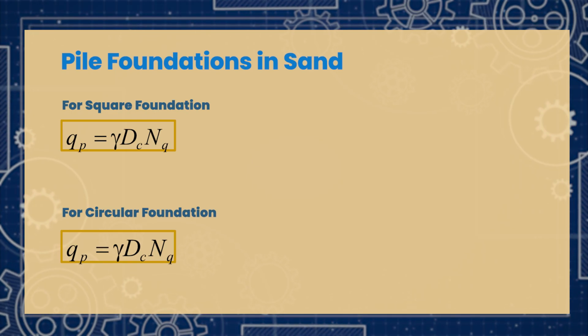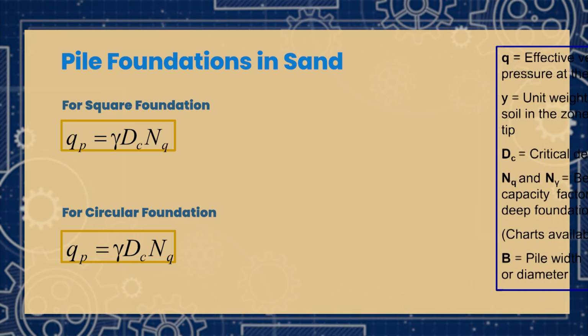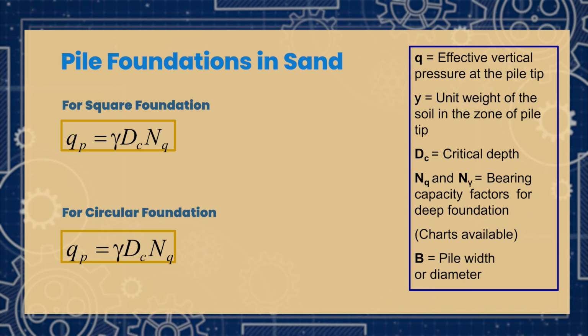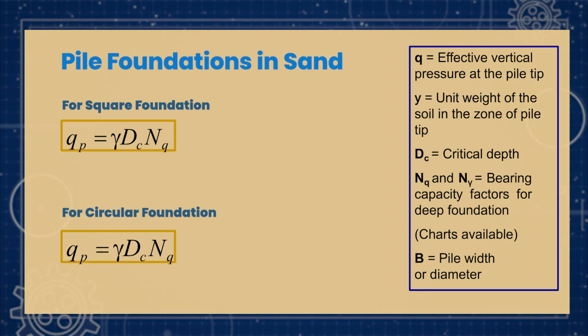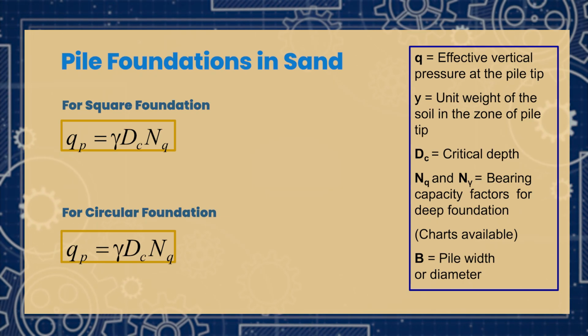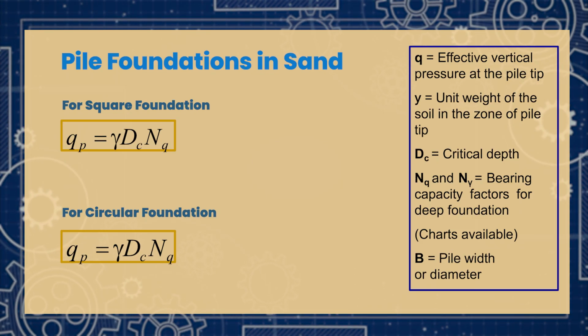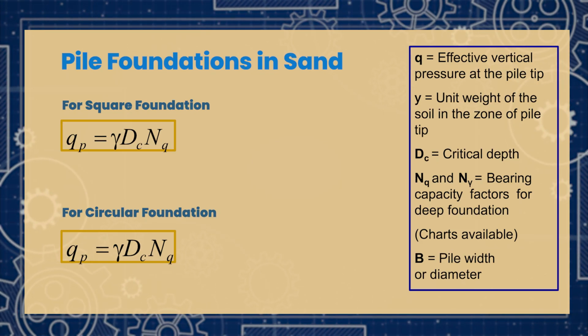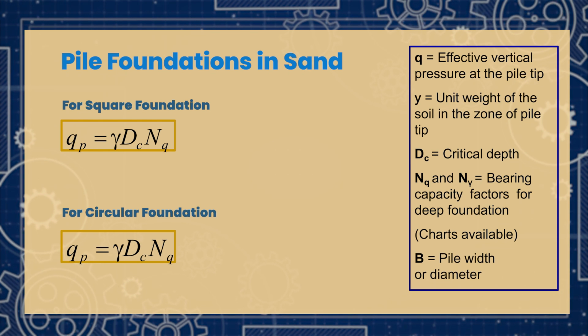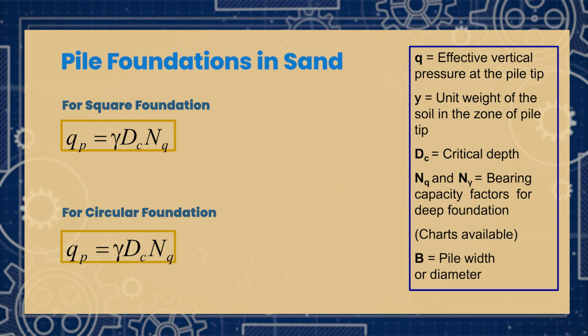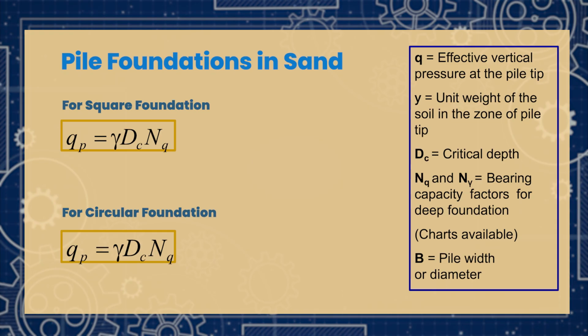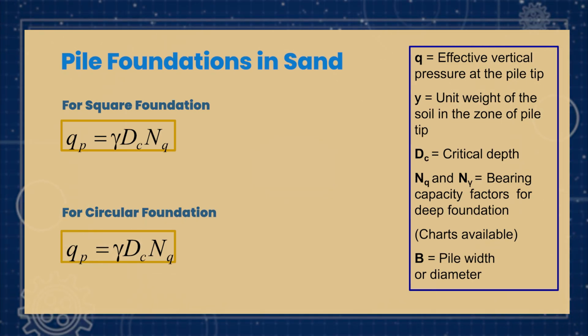Similarly, for the circular foundation, what is q? q is nothing but the effective vertical pressure at the pile tip, gamma is the unit weight of the soil in the zone of the pile tip, and Dc is the critical depth. Nq and N gamma are the bearing capacity factors. Again, these depend on the friction angle.